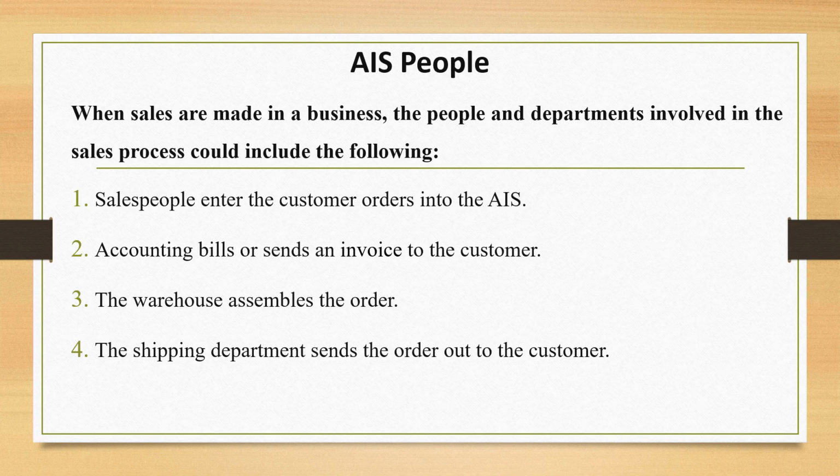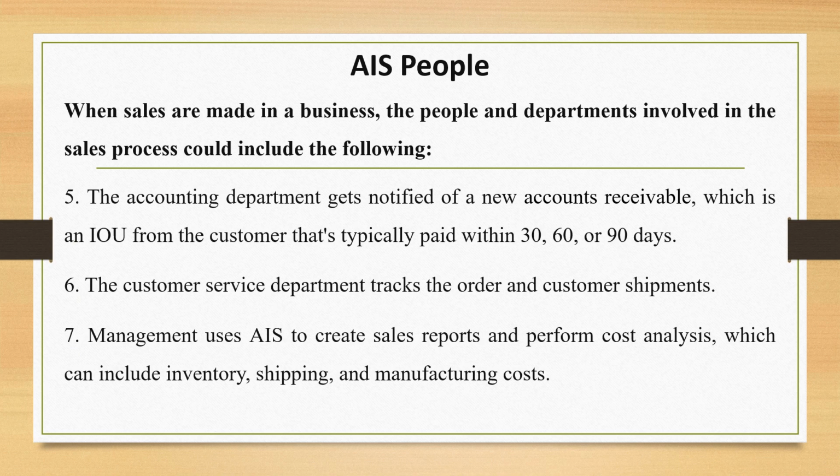The warehouse assembles the order, and the shipping department sends the order out to the customer. When a sale is made, the accounting department gets notified of a new account receivable. So the accounting people come under this transaction. That may be a time period of 30, 60, or 90 days. And finally the customer service department tracks the order and the customer shipments.